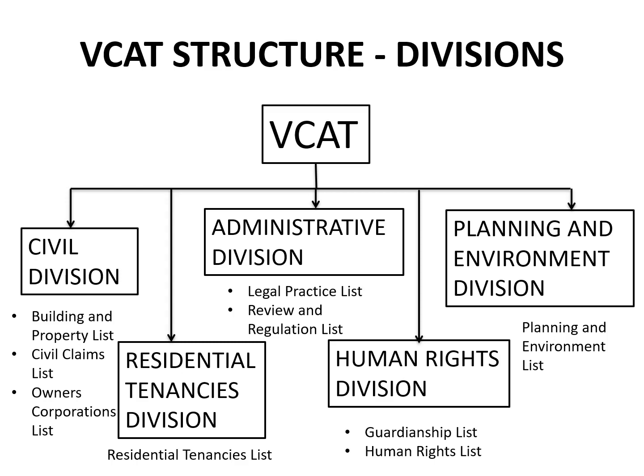For example, the Administrative Division, which deals with appeals from decisions of regulatory bodies, is divided into 2 lists. One list, the Legal Practice List, deals with disputes between lawyers and their clients, while the other list, the Review and Regulation List, deals with decisions by government and other bodies in relation to the issue of licences, such as taxi licences and teacher registrations.